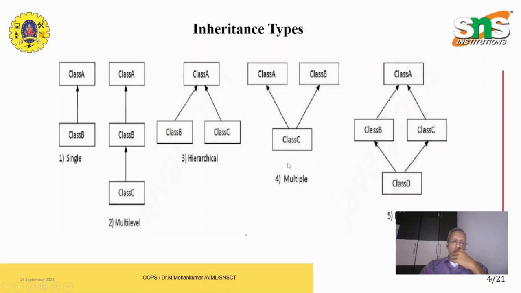The fourth one is called multiple inheritance. There is class A and class B, and class C as well, but it is more or less similar to the hierarchical approach. Class A has the base record of the particular student, such as roll number, register number, and father and mother names.